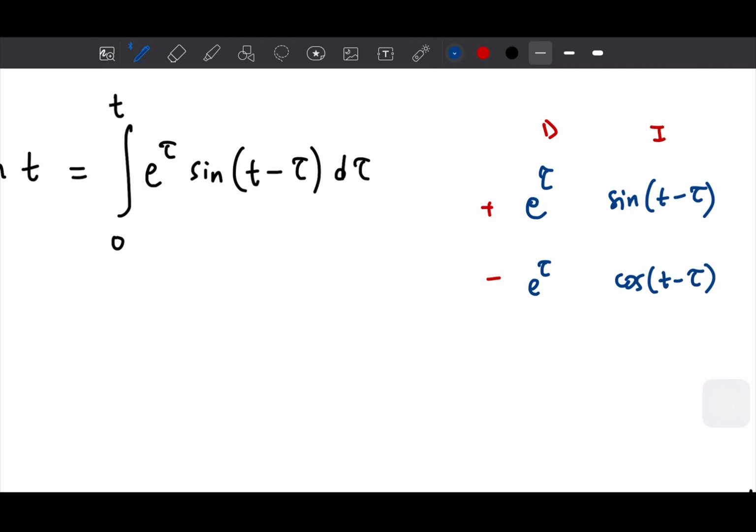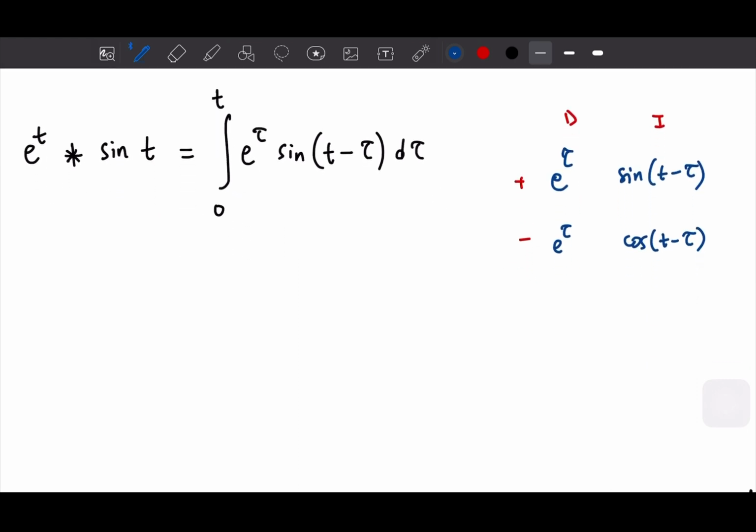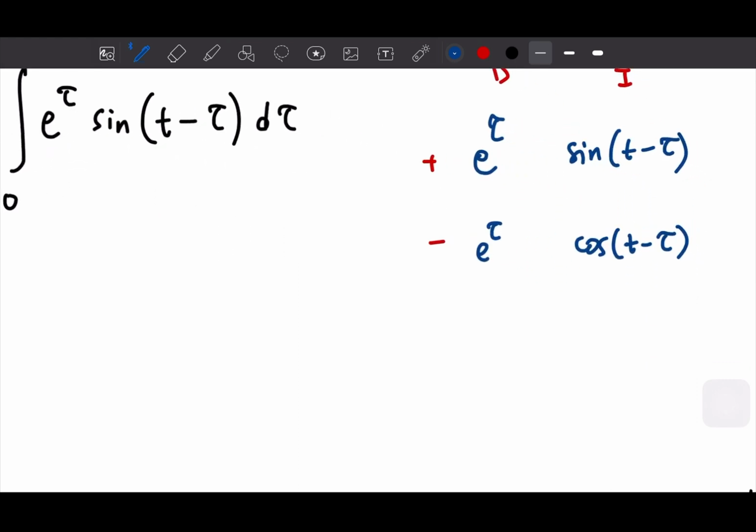Then cosine integrates to sine, but negative sine. Is this too much? Yeah, I think okay.